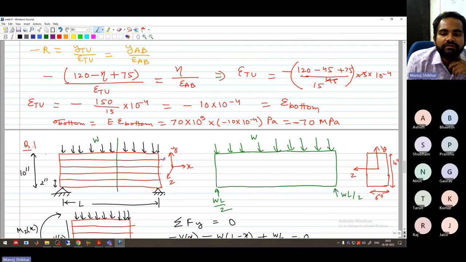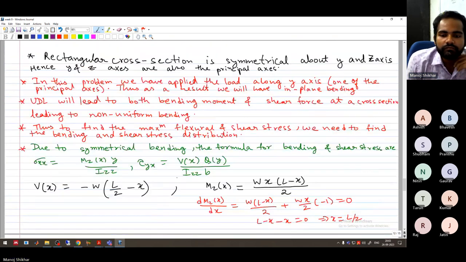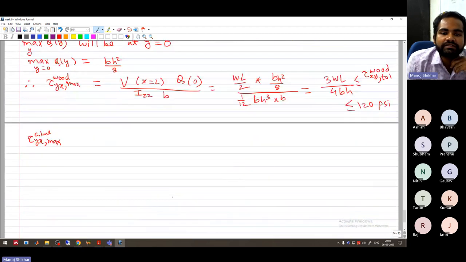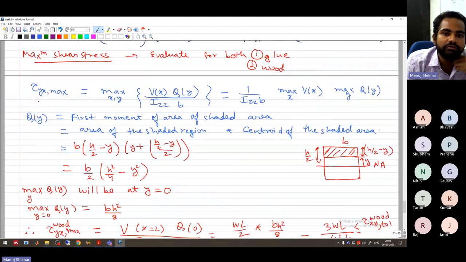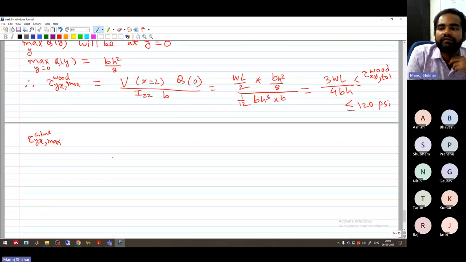So these are the points where glue will be present. So while calculating the Q max, the first moment of area, for glue, we cannot put y equal to 0. There we will have to put a different value.